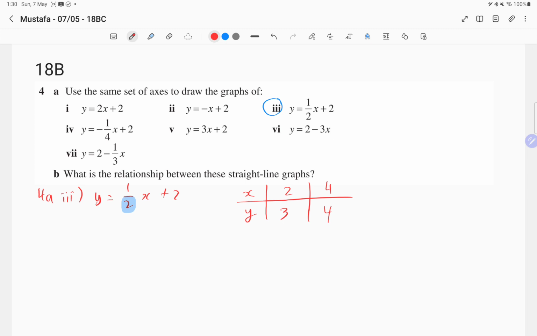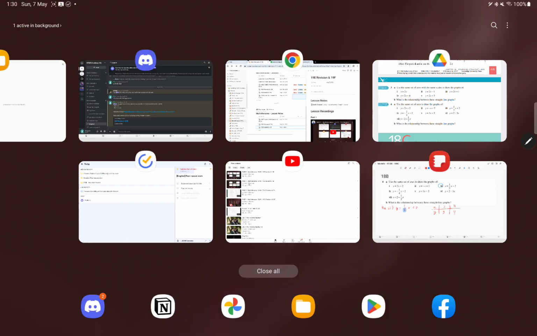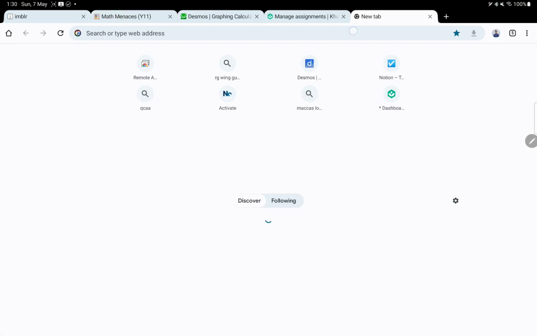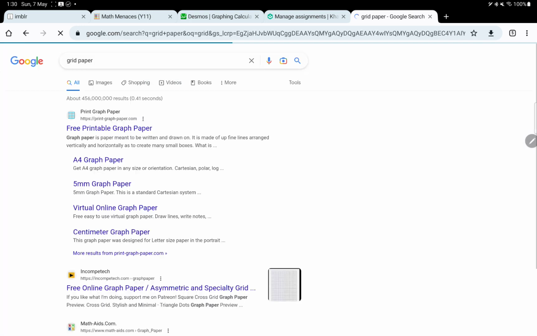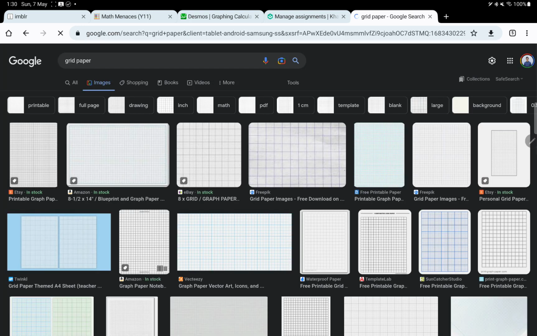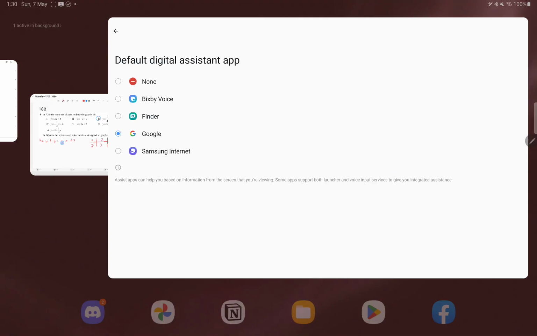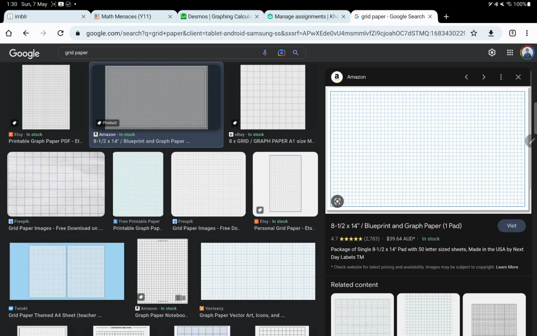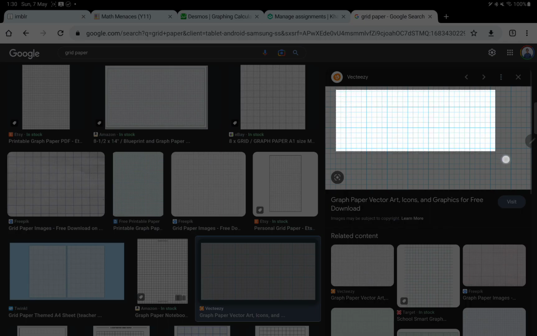Same set of axes to draw the graph of. Okay, I'll get one of the. Well, actually, I did get one homework.